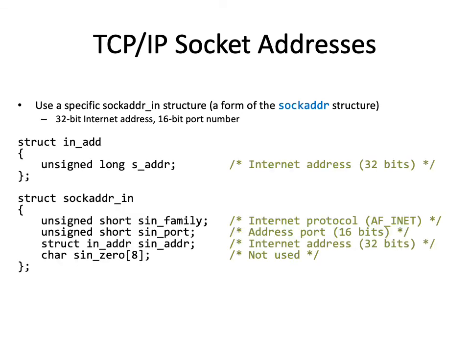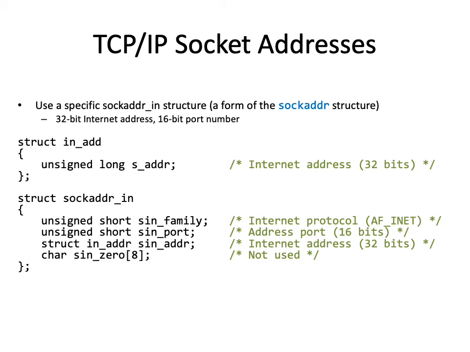So here is an example. struct in_addr has an unsigned long s_addr. This would be the internet address, a 32-bit address, unsigned long. That's basically your IP address, if you will. Then we're creating a struct sockaddr_in, and we're saying what the internet protocol is.